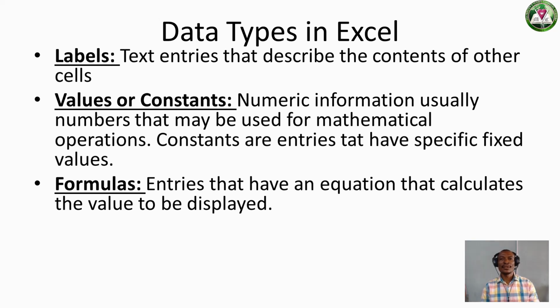Now, what is a label? Labels are text entries that describe the contents of other cells. For example, when you have column A, column B, column C, column D, and so on, and you create a table in that worksheet, you may have name, subject, average, and all that.